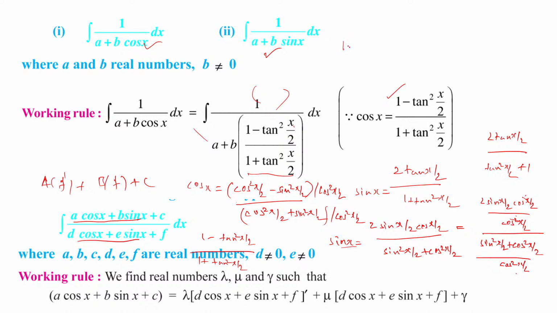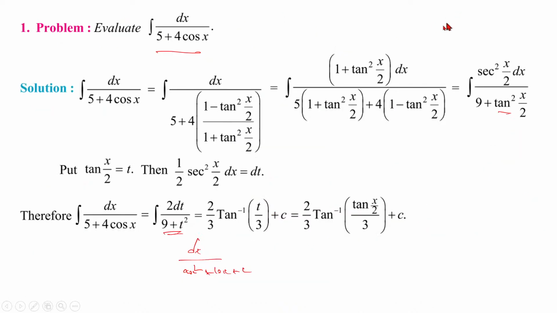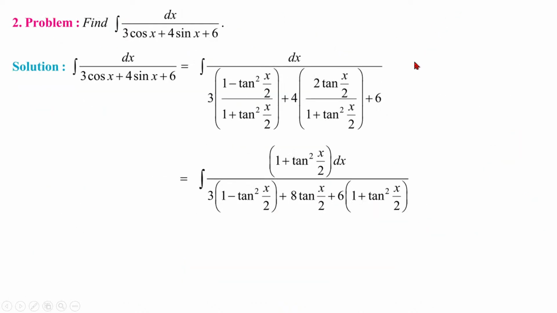So, for example, let's say the numerator is 5 cos x plus 2 sin x, and let's say this is the denominator, 3 cos x plus 4 sin x.